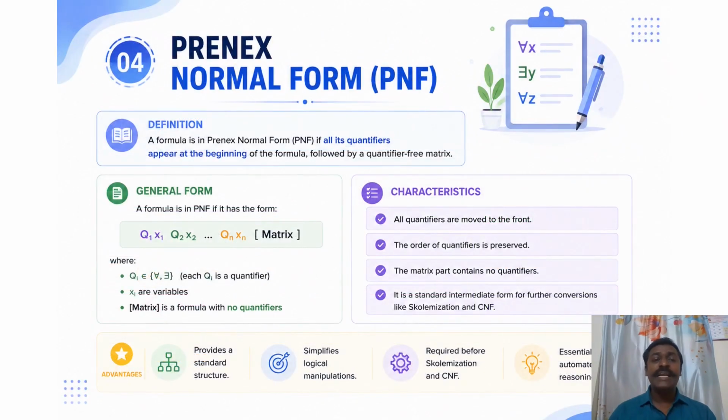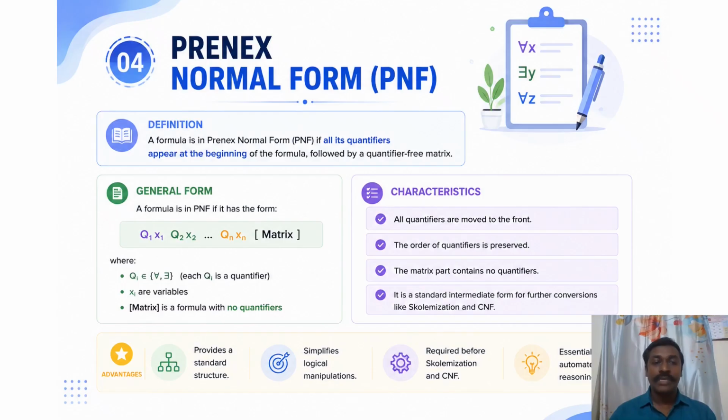So what is Prenex normal form? A formula is in Prenex normal form if all its quantifiers appear at the beginning of the formula. So first all quantifiers, then followed by a quantifier-free matrix.